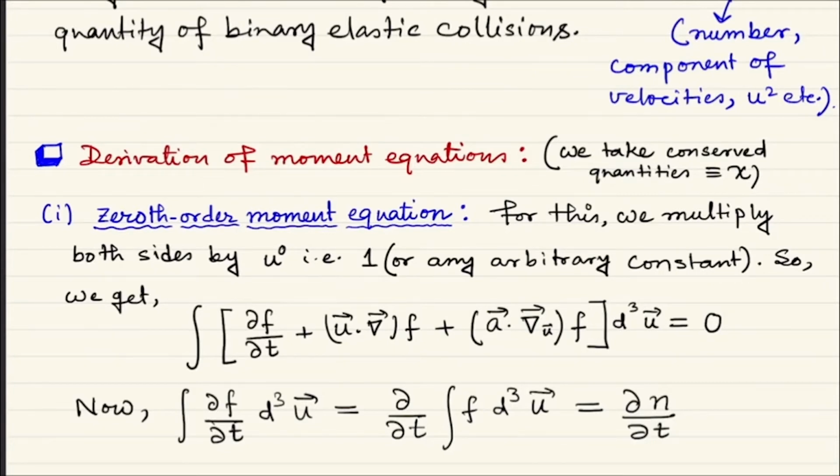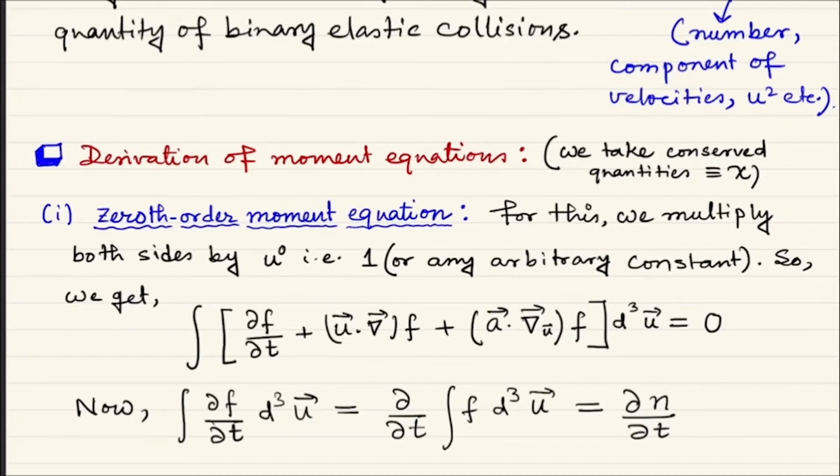Because only if we derive a moment equation for something which is conserved in a binary elastic collision, then for the collisional Boltzmann equation we will get rid of the collision integral after integration. So what is that? This is nothing but the number conservation. Two particles remain two particles, right? So that is the thing.